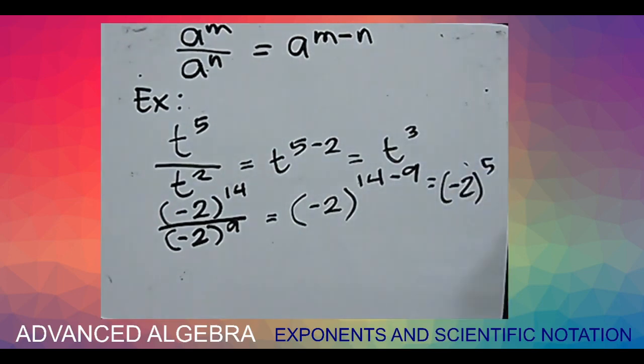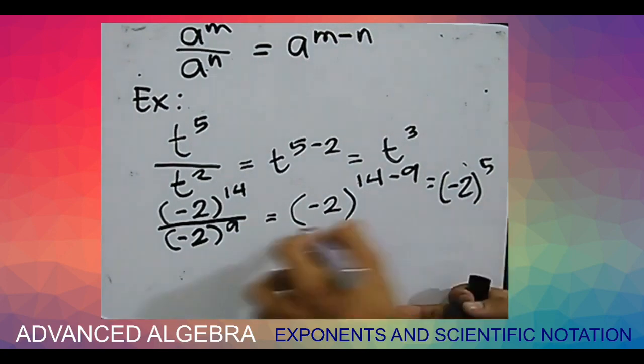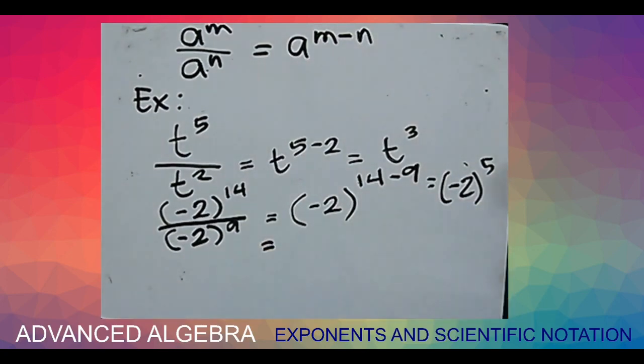Then, kapag sinimplify natin siya, anong possible na sagot? Kasi di ba, kapag nag-multiply tayo ng negative 2, tapos ang exponent niya ay odd number, di ba ang odd number ay 1, 3, 5, 7, 9, ganyan. Ang sagot diyan ay negative kapag odd number. Pero kapag siya ay even number, ang sagot diyan ay positive.